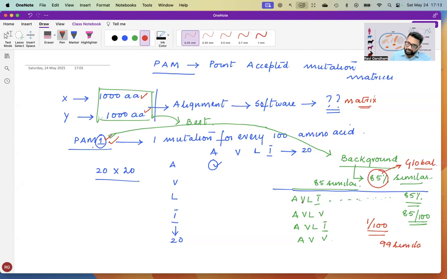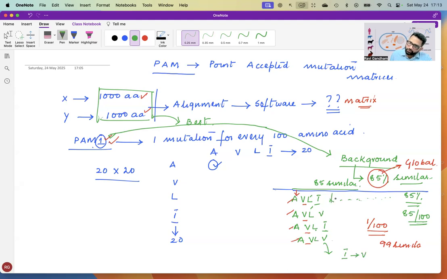So that's why I had written it like this. If you look at this position, all of them have alanine. And if you look at this position, all of them have valine. And if you look at this position, all of them have lysine. And there's only one position that is differing, and there's only one mutation. What is that mutation? It is isoleucine to valine.